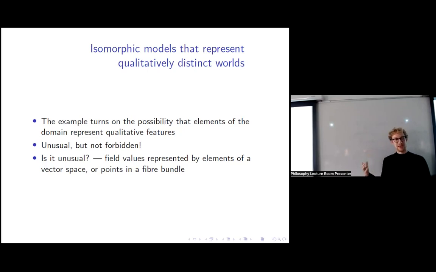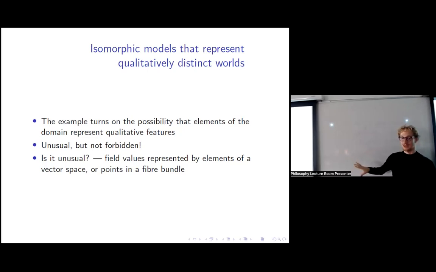But in a vector space, the field value would be represented by the element of the domain. So different elements of the domain represent different qualitative properties for a space-time point to instantiate. You could do a similar thing with a mass value space or points in a fiber bundle. They're all elements of the domain that seem to represent qualitative properties.